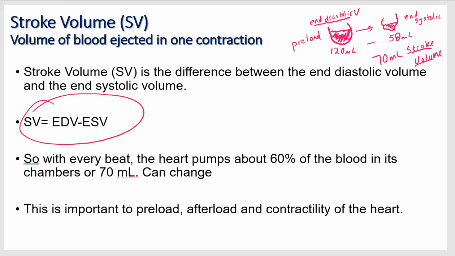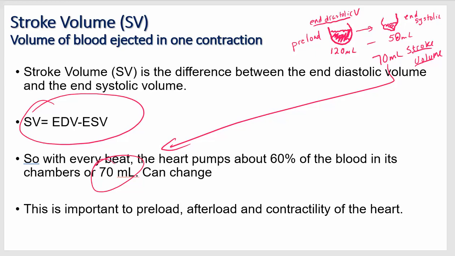Stroke volume is the difference between the end diastolic volume and the end systolic volume. You had that much, you squeeze out some of it, and you want to know how much you squeezed out. So subtract those, because we can see how much blood was in there in the beginning and how much is in there in the end. So with every beat, the heart pumps about 60% of the blood in its chambers, or about 70 milliliters, so that worked out.